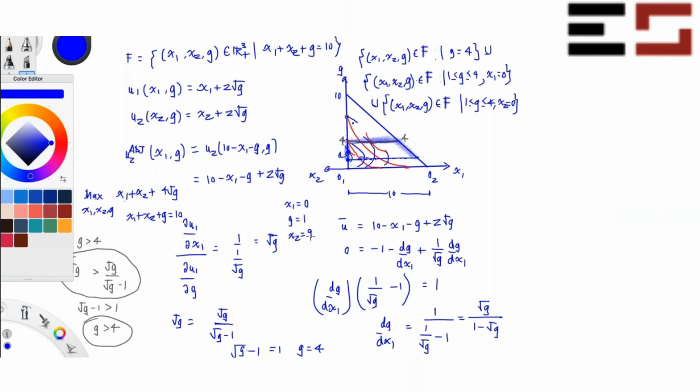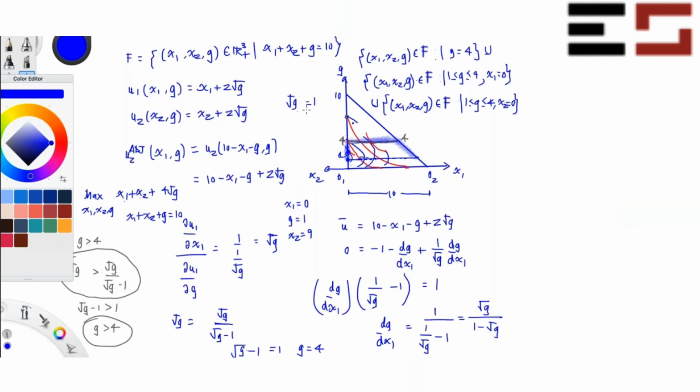Will individual 2 want to contribute more to the public good, if he is the only one who has to contribute? If you do the derivative here and figure out the MRS of just individual 2 with respect to the public good, you're going to get root g. And you want to compare it with 1, because if he gives out 1 unit of private good, he's going to get back 1 unit of public good in return.